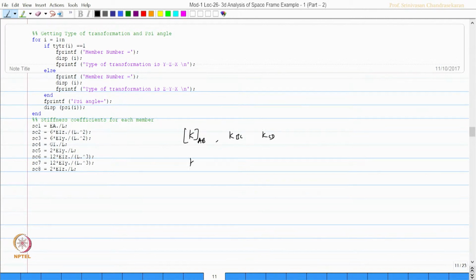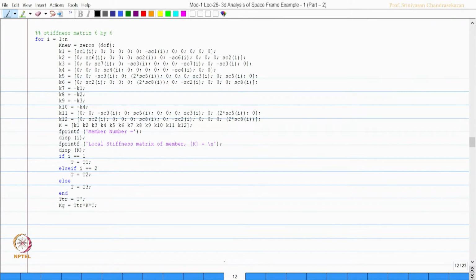Then we find K global of the member AB, which is T transpose K T, then K bar BC, then K bar CD can be computed. We assemble this to get K total. In that we partition unrestrained degrees and restrained degrees separately, and I can get K U U.